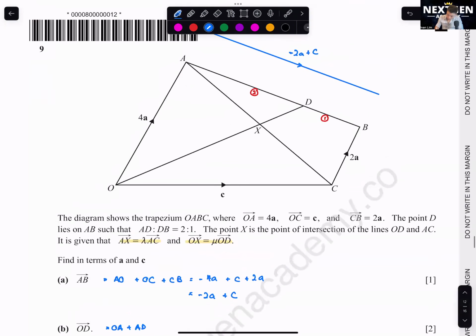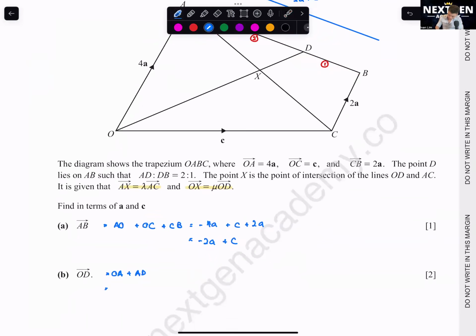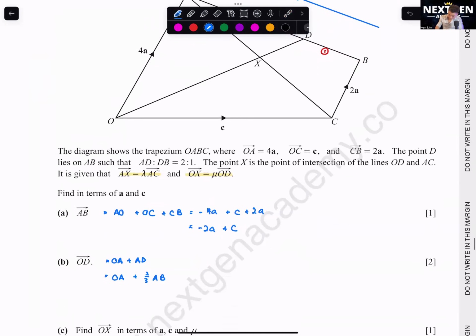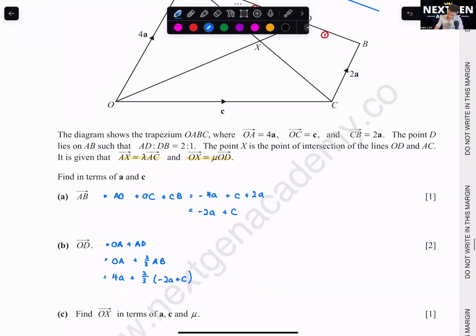AD is 2 parts out of these 3 parts. So 2 over 3 of AB. OA, 2 over 3 of AB. AB from the previous question. So OA is 4A plus 2 over 3 times minus 2A plus C. Go and calculate this. You will get here 8 over 3A plus 2 over 3C.